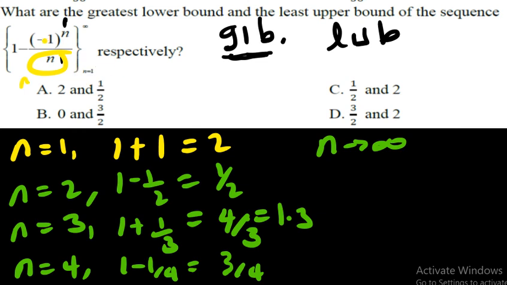The numerator might be negative 1 or 1, for even large numbers and odd large numbers. Anyways, 1 over a large number or negative 1 over a large number is going to be 0. So as n goes to infinity, the sequence a_n will be 0.